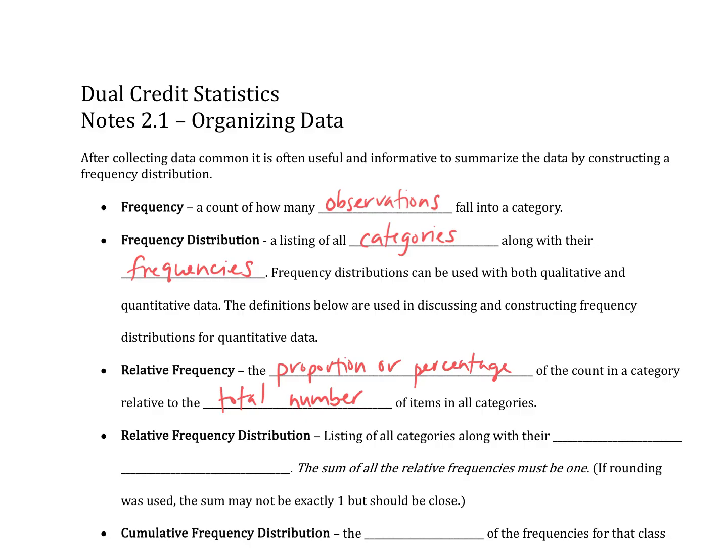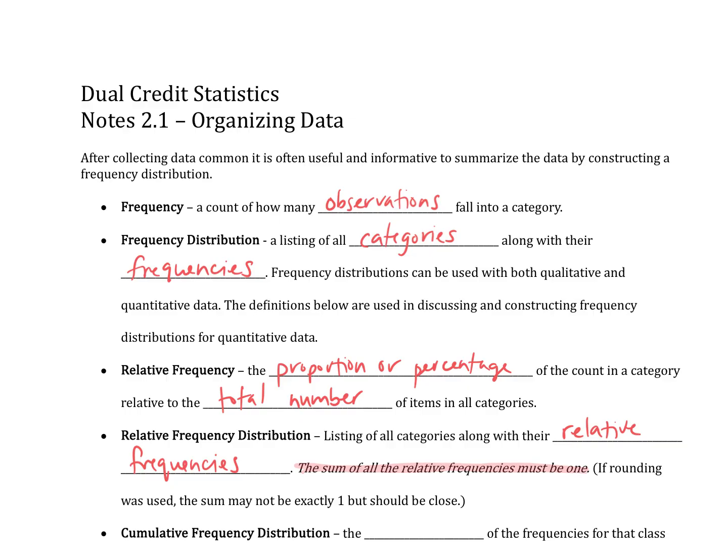A relative frequency distribution is a listing of all categories along with their relative frequencies. In order for it to be a relative frequency distribution, the sum of all the frequencies must be 1.